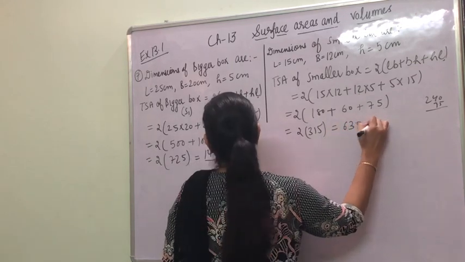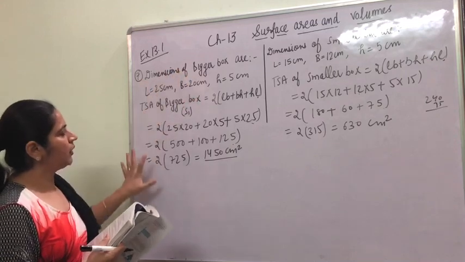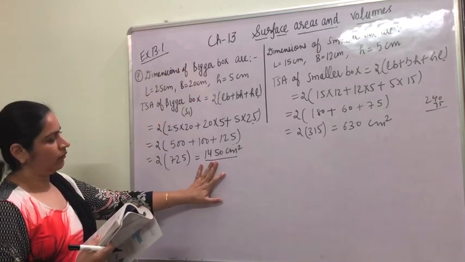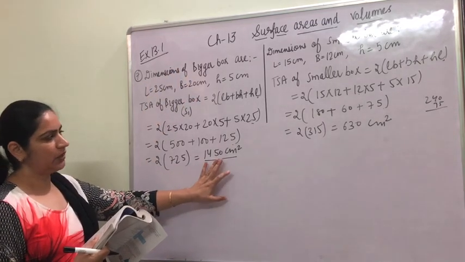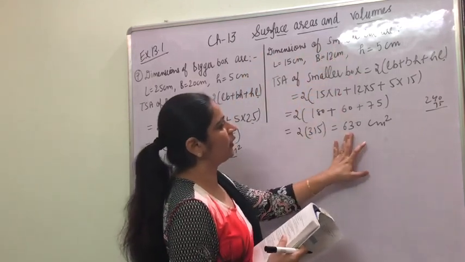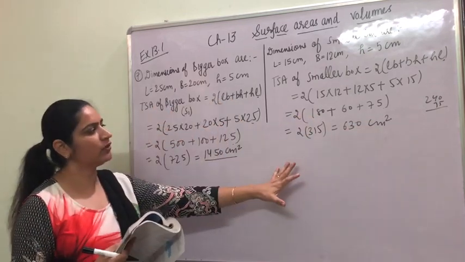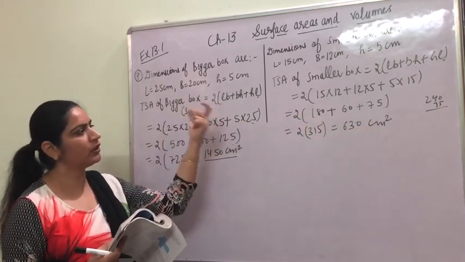630 centimeter square. So the cardboard required for making the bigger box is 1450 centimeter square. Cardboard required for making the smaller box is 630 centimeter square. We have to find the requirement of the cardboard for both the types of boxes.